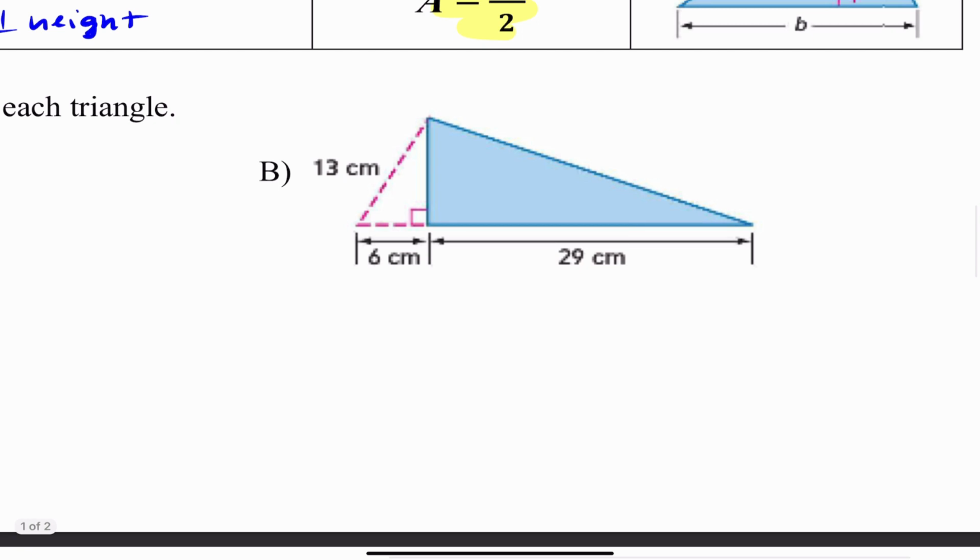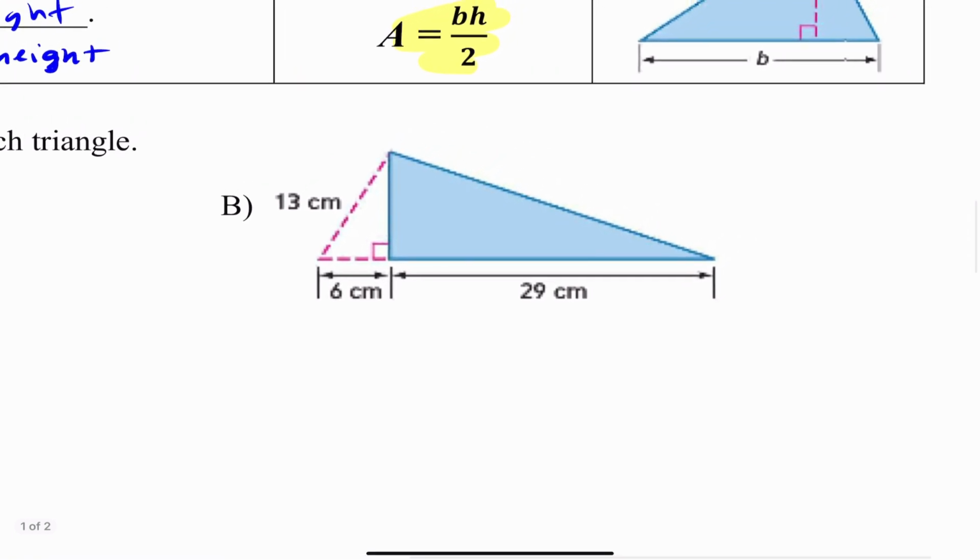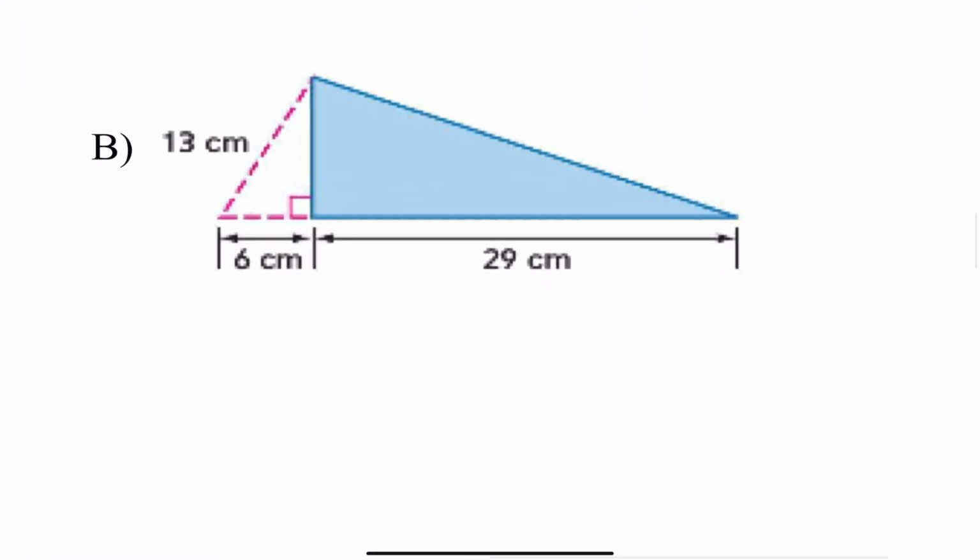All right, here's B. I'm trying to figure out the area and perimeter of this triangle. So, first off, I have the base. I need the height. And perhaps I need to figure out the hypotenuse of this right triangle.